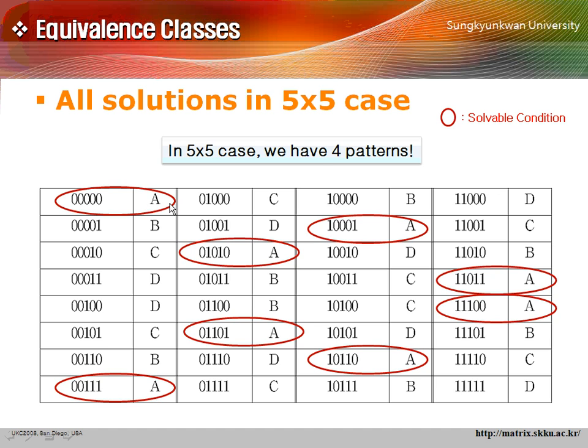Black. So we found the pattern of this. If you use the conjugate class, then we can clearly see among 32, we have one class of 8. That means we have 4 different patterns.